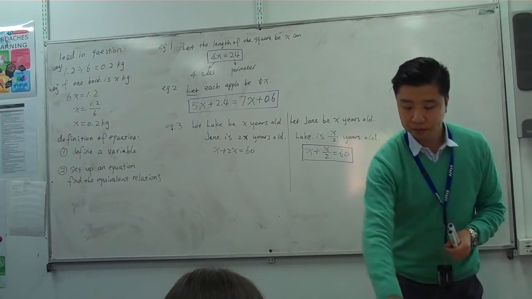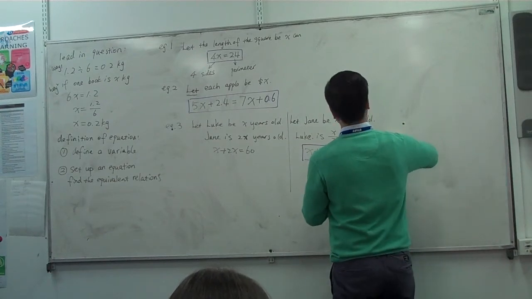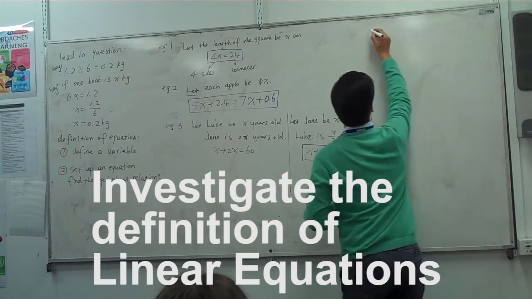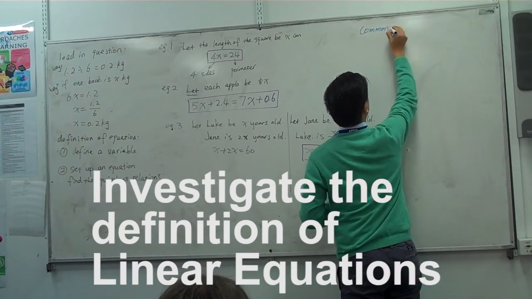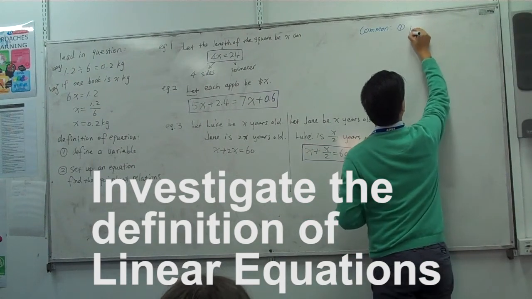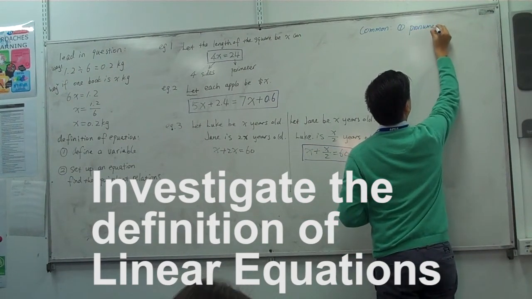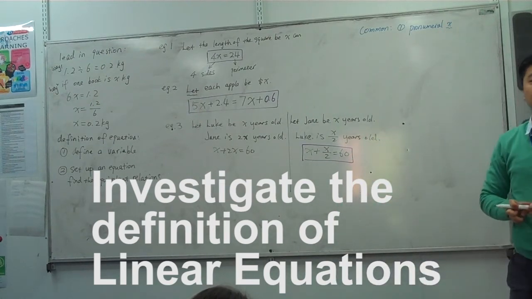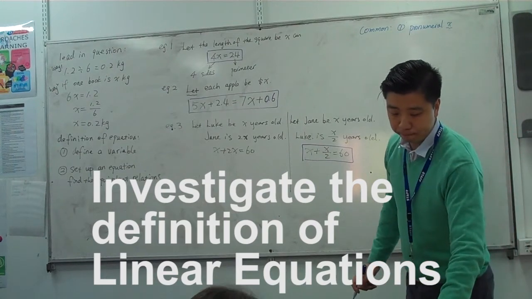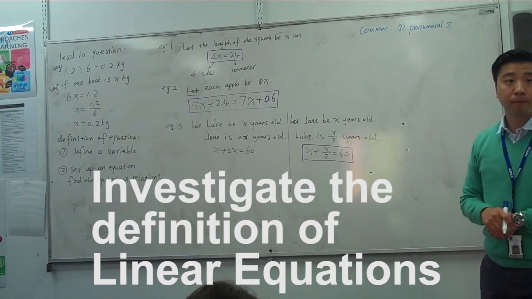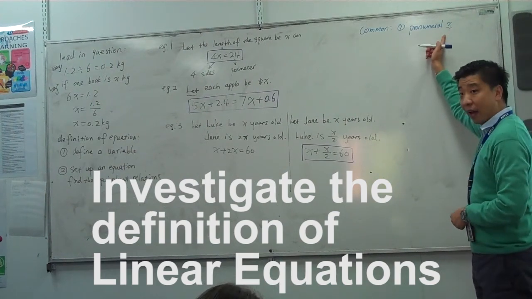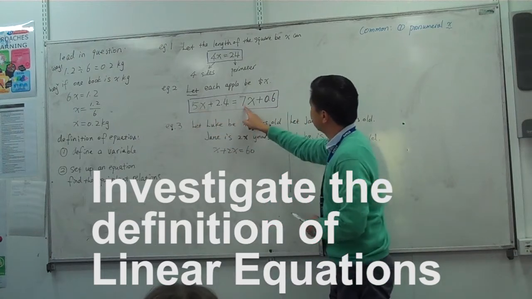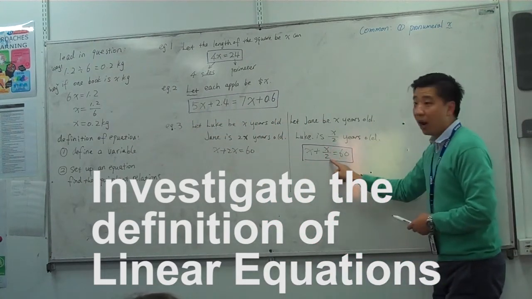Okay, good. Now we want you to take the notes in part 4. Common. One, they all have pronumeral x. Good. And can you tell me what is the power of x? 1. 4x, 5x, 7x, 2x, half x.